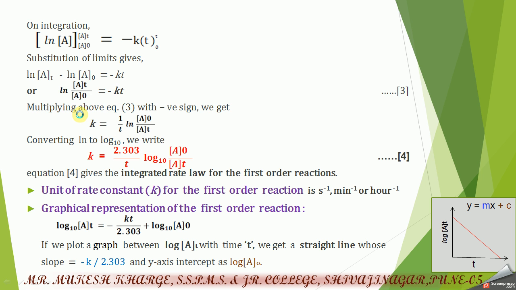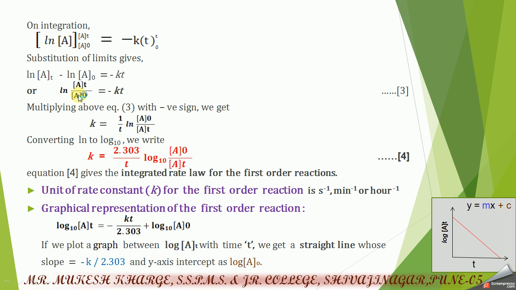If we multiply this with a negative sign, then on the right hand side minus minus becomes plus. kt is on the left hand side, minus ln At upon A0, which becomes, if we multiply that negative sign, A0 upon At.